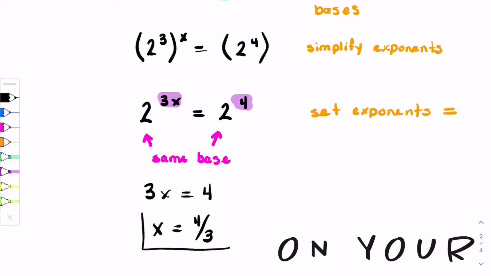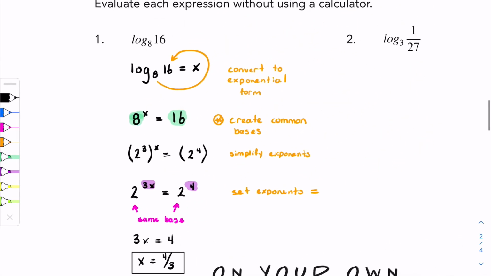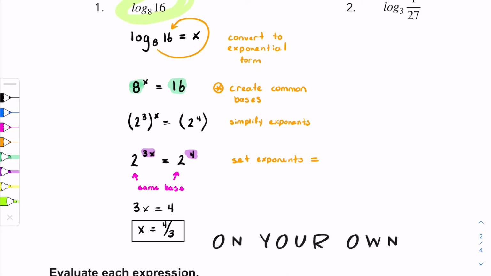Now, before I say this is my final answer, I just want to point out that you were originally solving for a logarithm up here. So originally we were asked to evaluate that log base 8 of 16. We did convert it to exponential form, and we solved that x is equal to 4 over 3. But I'd like to point out that you're solving for the log, so you should be writing your final answer in log form.